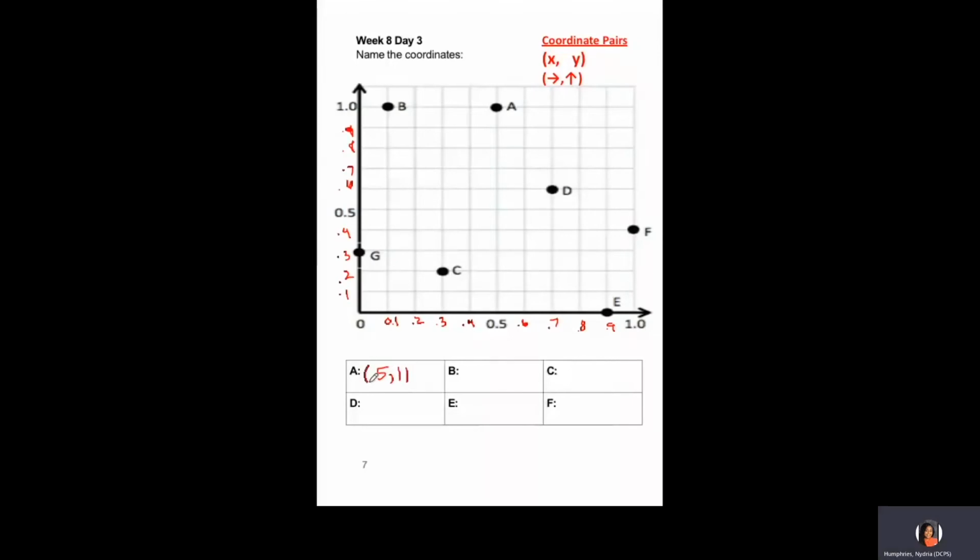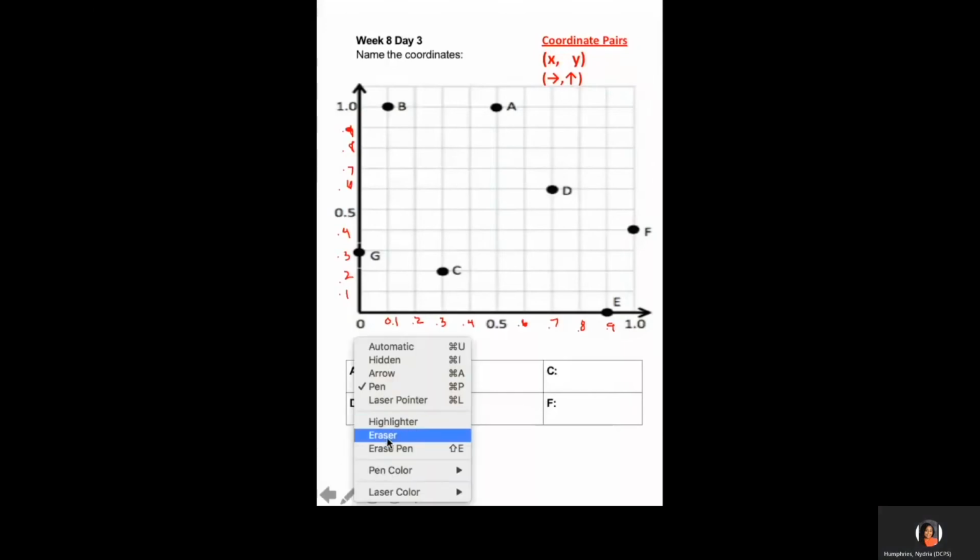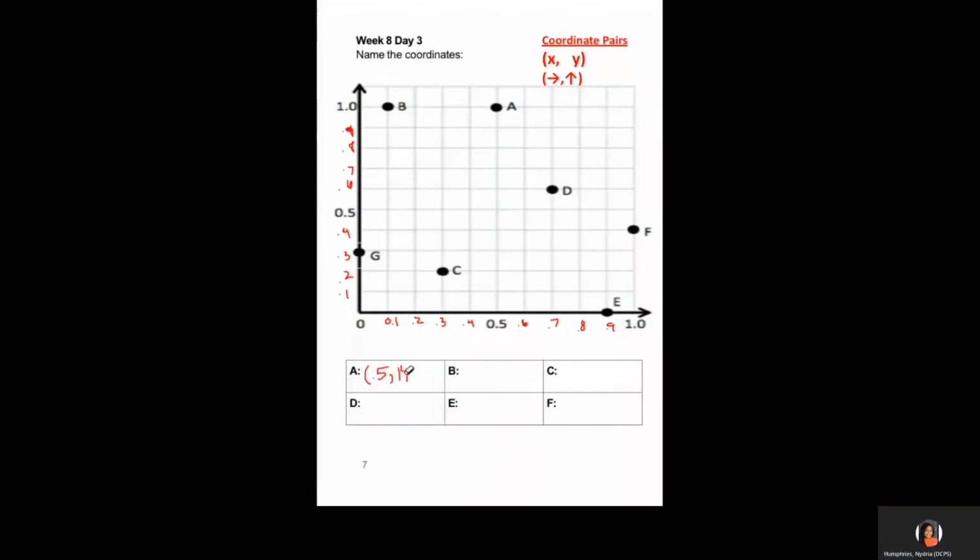I'm just trying to draw my parentheses here. There we go. So let's look at B here, and we know that we need to go across the x-axis to find our x value and up our y-axis to find our y value.